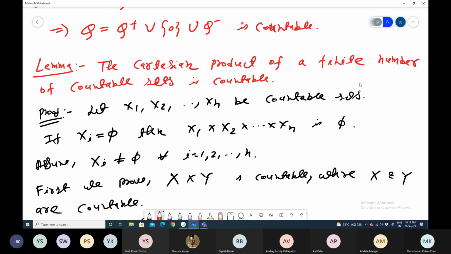Now what about an infinite number of products? For example, if instead of finitely many sets you have an infinite number of sets and you take their product, will that be countable? What is your guess?